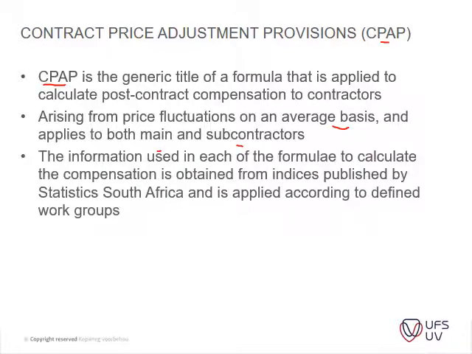The information used in each of the formulas to calculate the compensation is obtained from indices published by the BER or Stats SA, and is applied according to the defined work groups. So the work groups is just what I indicated now. So the short and the long of it is CPAP is just basically inflation calculated on a month-to-month basis on a project.